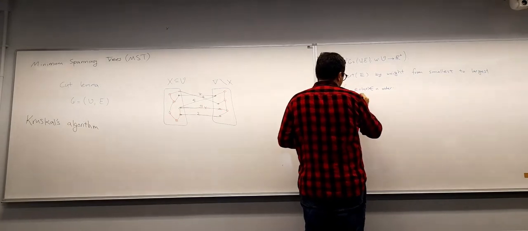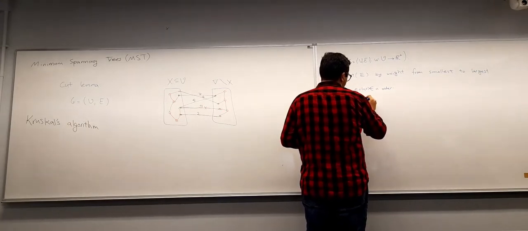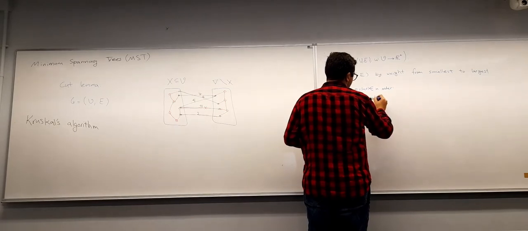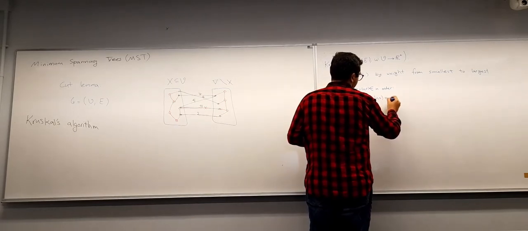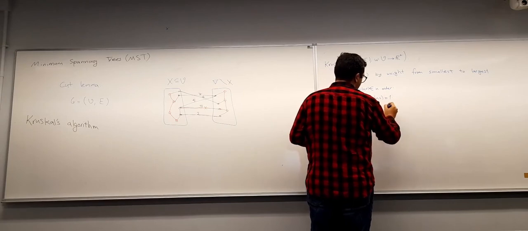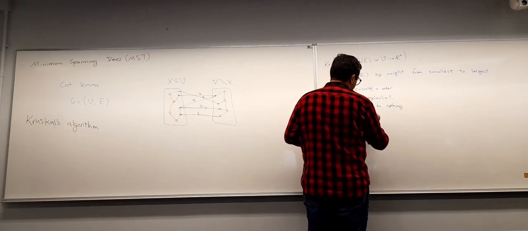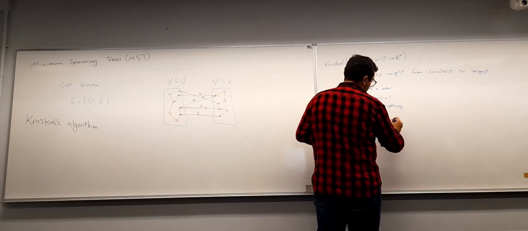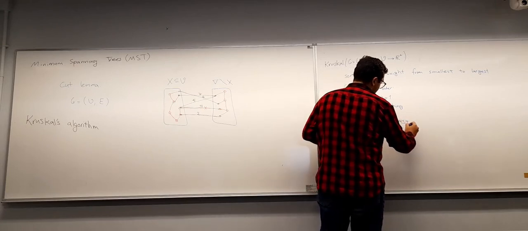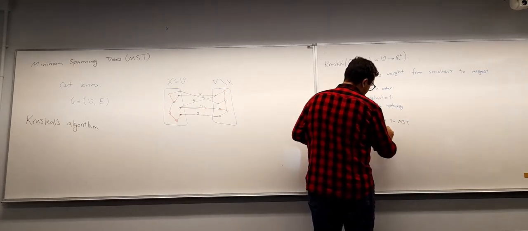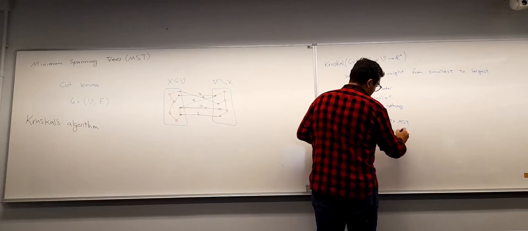If you query u and v and they're in the same set, then do nothing. Otherwise, if they're not in the same set, add this edge e to the minimum spanning tree and also merge the two endpoints.